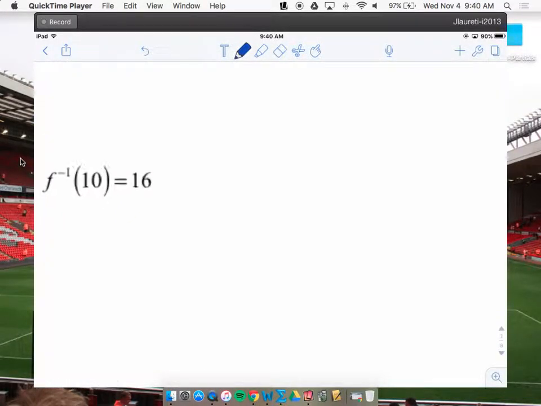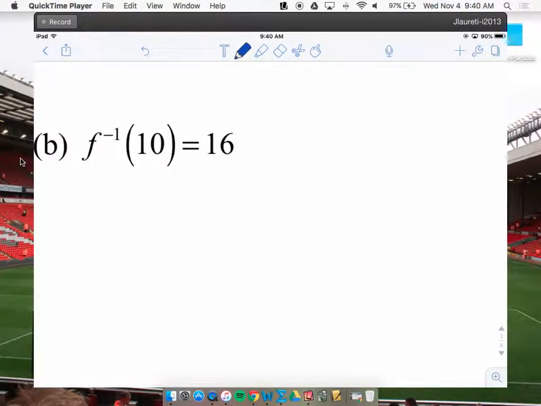All right. Now the next one says f to the negative 1 of 10 is equal to 16. So what does f inverse mean? What are they asking you for? What's that notation? Inverse, the opposite.